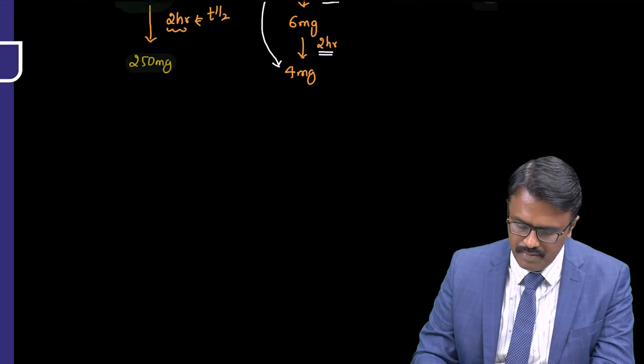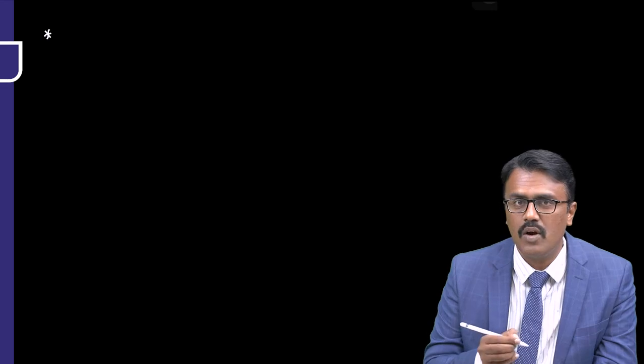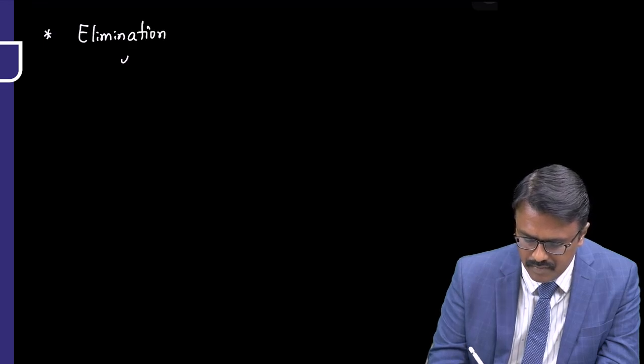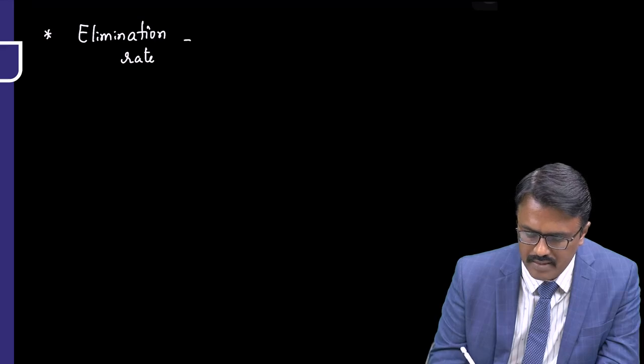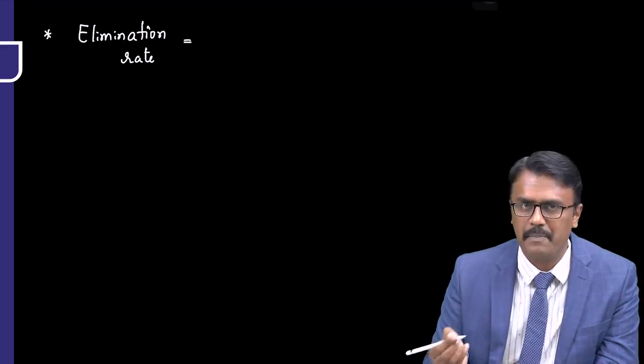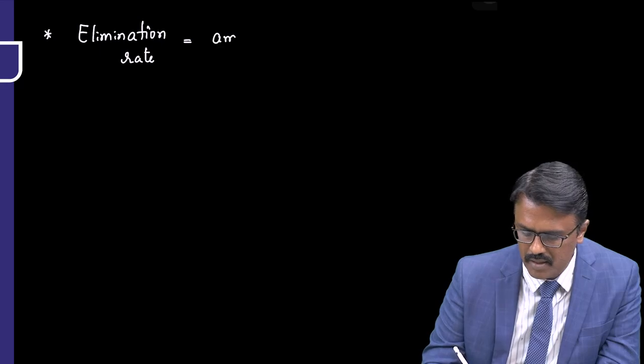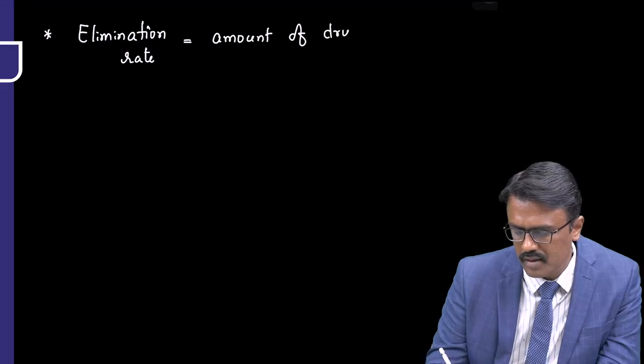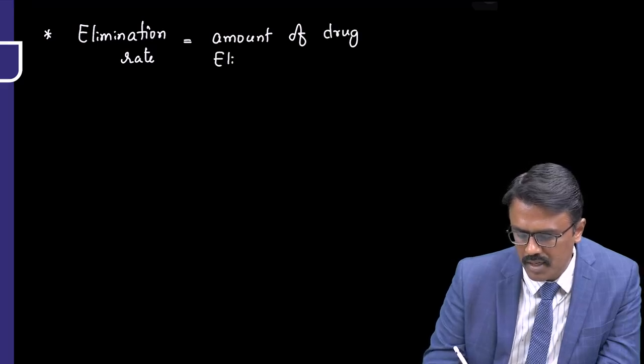Now once you know the half-life, there is one more concept you all should know, and that is called elimination rate, or we call it rate of elimination. Both are the same. Elimination rate is nothing but the amount of drug eliminated in unit time.